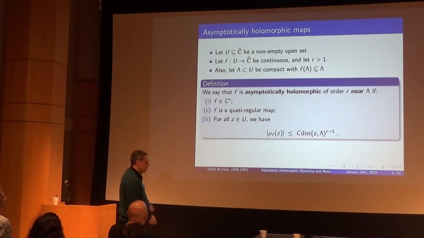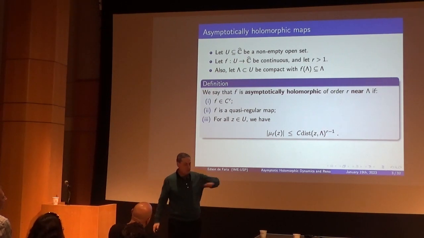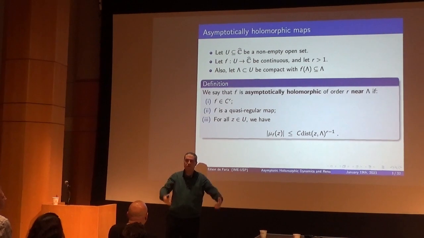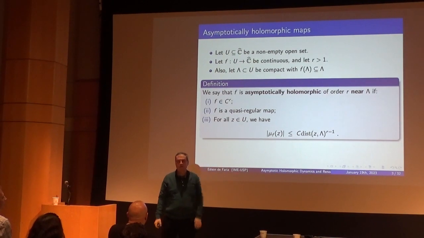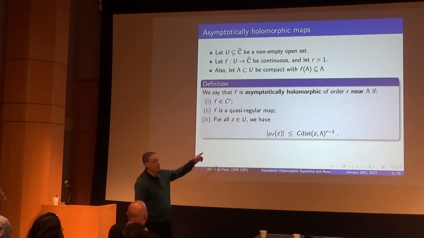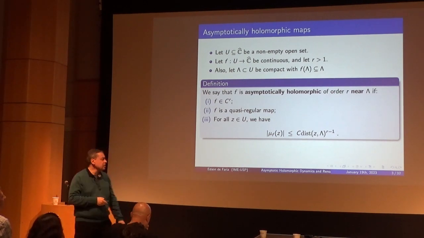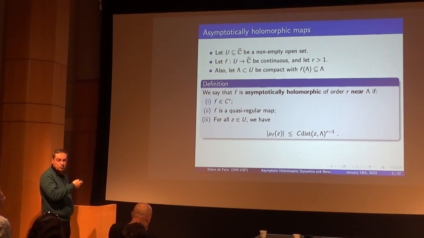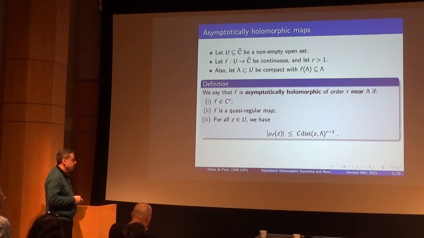It turns out that if I give you a map on the line which is C^r, there's always an extension to the complex plane which is asymptotically holomorphic of order r in this sense, okay? And for me, the invariant compact set Lambda that I'm interested in this talk is going to be an interval.